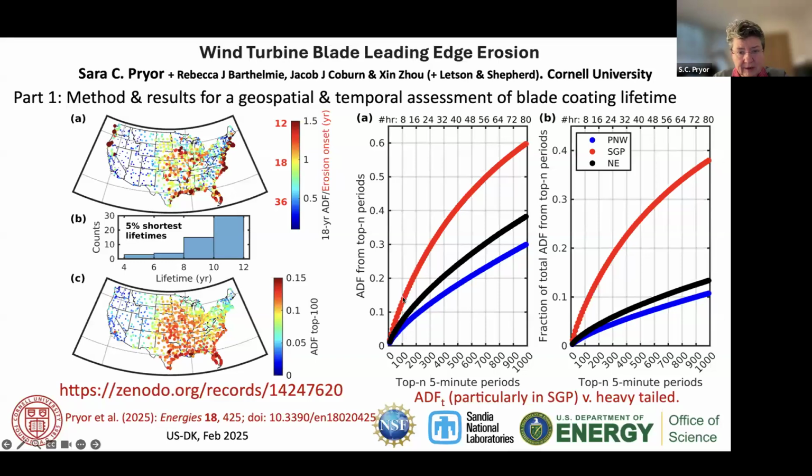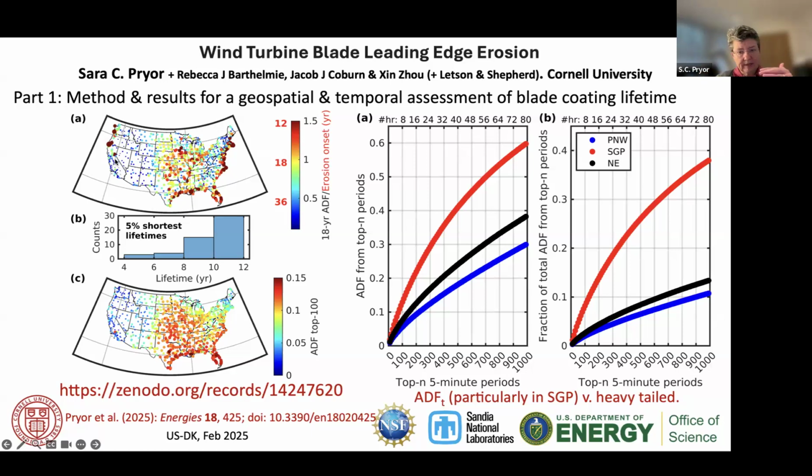And you can see here the top 100 for a representative site in the Southern Great Plains, it's about 15% of damage that's done in those top 100 5-minute periods in a total 18-year time record. So it's very concentrated in time. You can see in the Northeast, it's less concentrated. In the Pacific Northwest, it's less concentrated still.